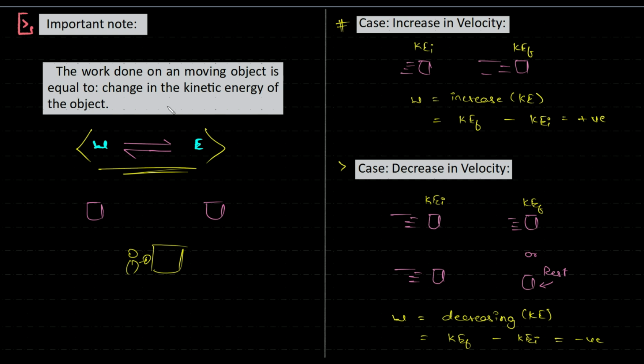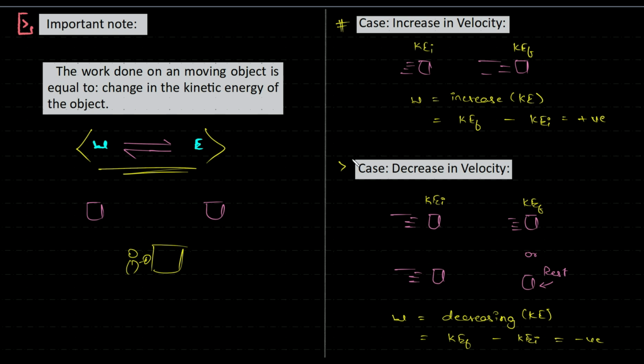See, the note is that the work that we do gets transferred into energy, and the energy that we spend is nothing but used up as work, right? So this idea we are going to carry over to do numericals on kinetic energy. Kinetic energy numericals can be of this aspect.